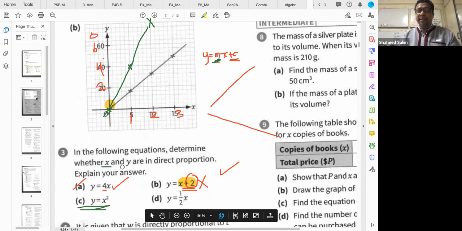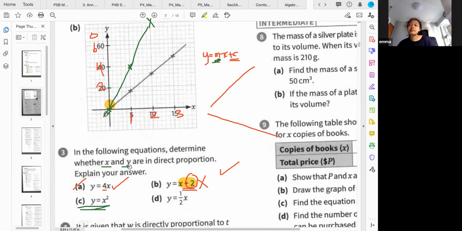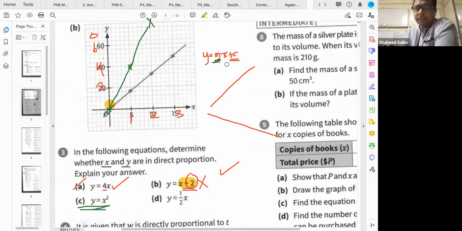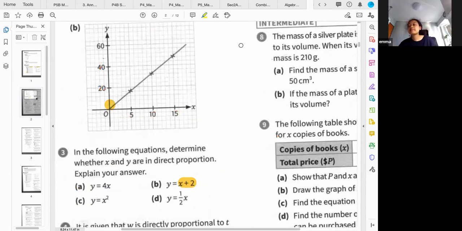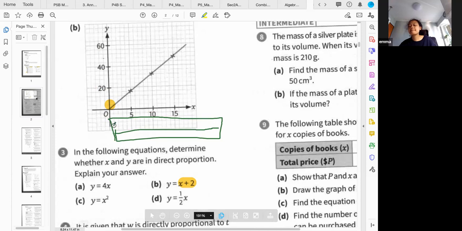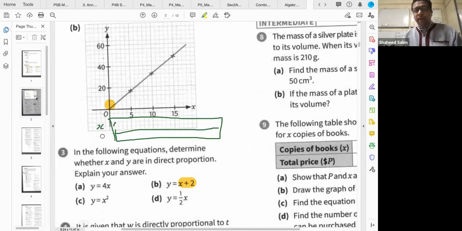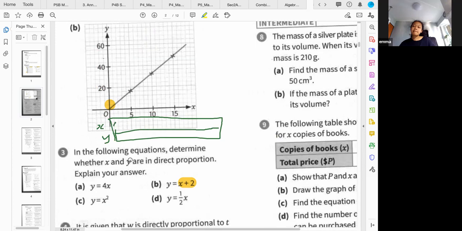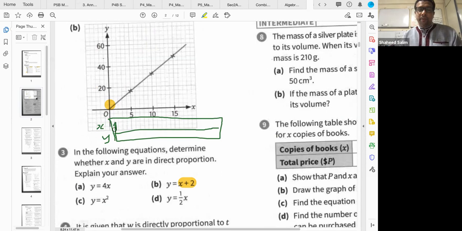They ask whether x and y are in direct proportion. Let's try to plot. Can we try to plot? I want you to be very clear about this. Let's say now we have y equals x squared. You have x down here, y down here. x is 0, y is 0.